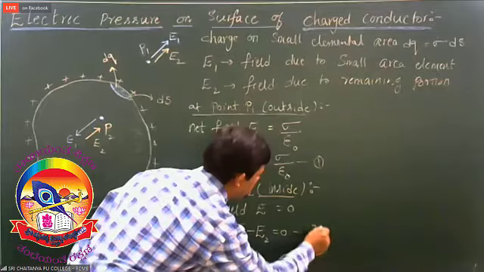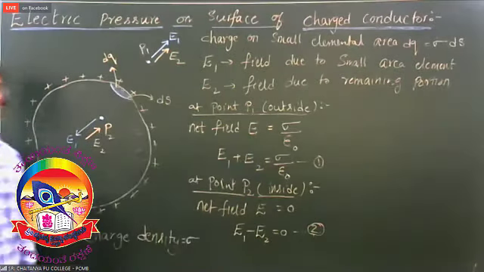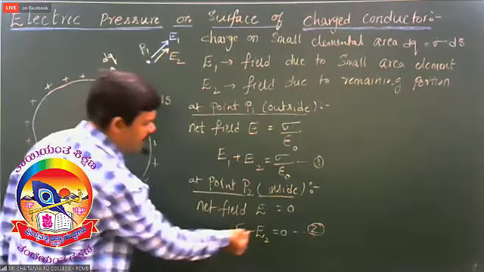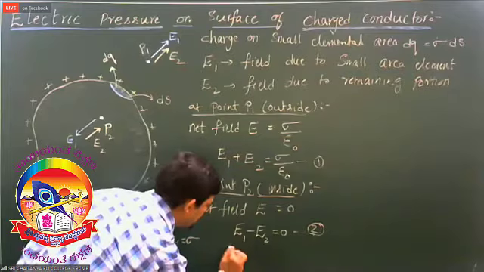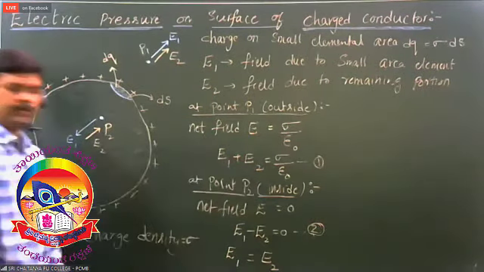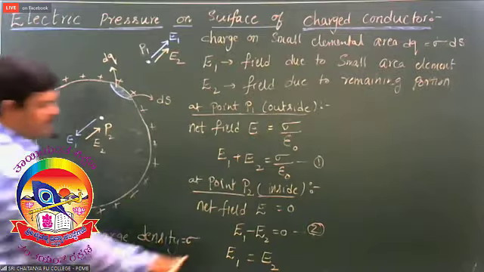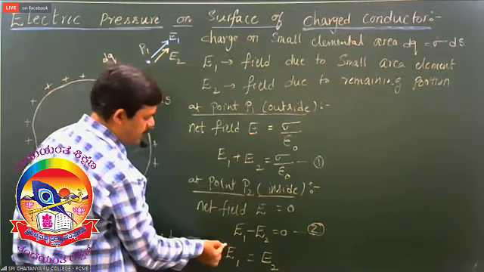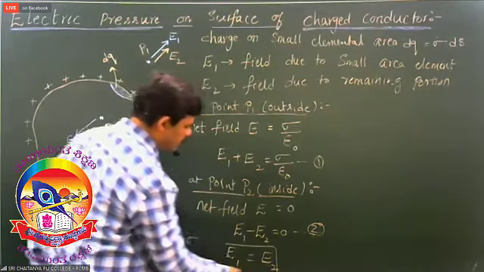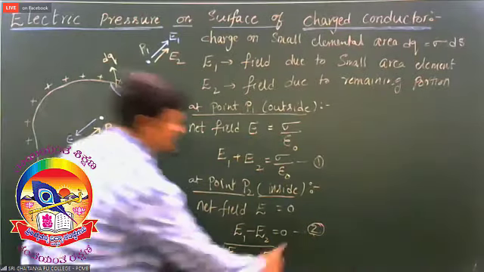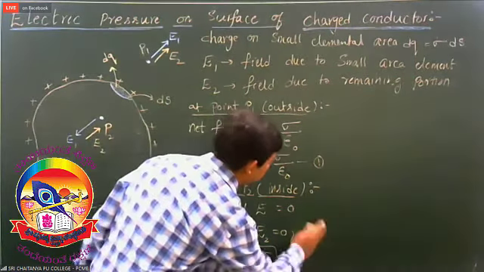If E1 minus E2 is equal to 0, then can I write E1 is equal to E2? If I take this E2 on that side, it is E1 is equal to E2. Take this as 2.